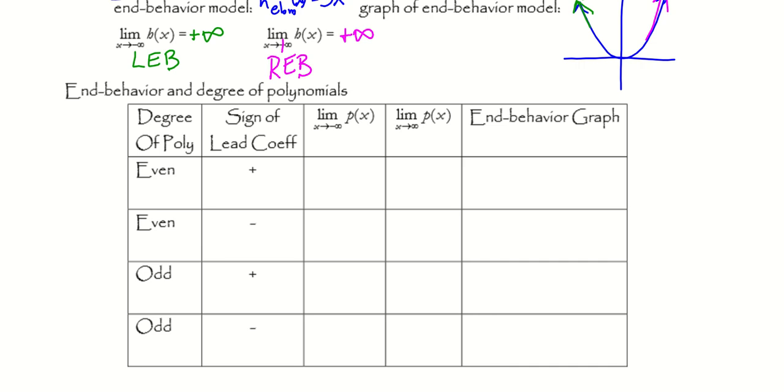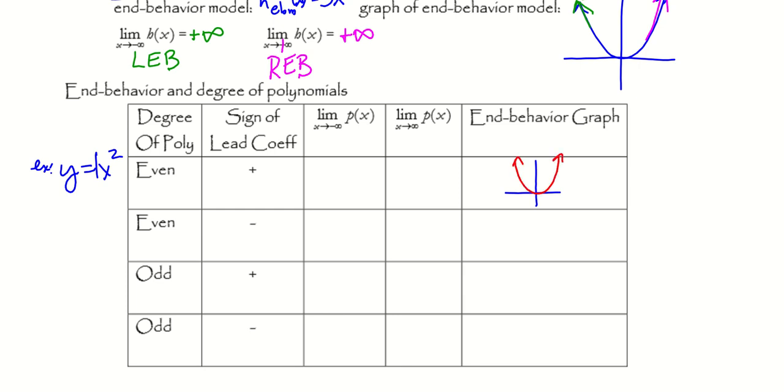So if the degree of our polynomial is even, for example y equals x squared, and the leading coefficient is positive, so this would be just a 1, or it might be a 2 or an 8 or whatever, then our basic graph is going to look like our parabola.